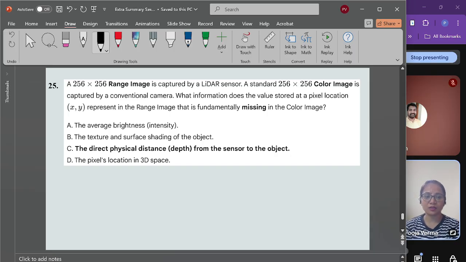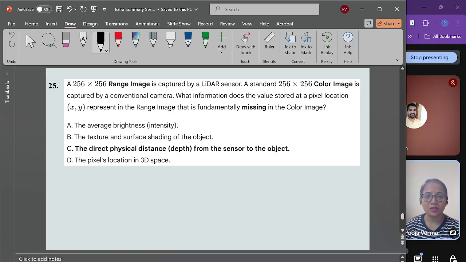So now moving to our next and last question. A 256 cross 256 range image is captured by a LiDAR sensor. A standard 256 cross 256 color image is captured by a conventional camera.